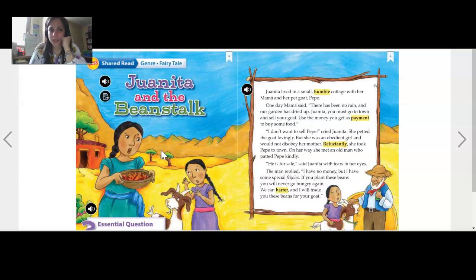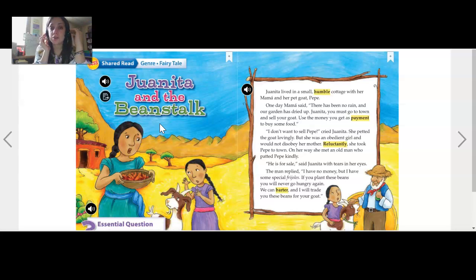So now with that background knowledge, I am predicting that Juanita has to sell her goat to get money for her mom, but then she ends up trading her goat for magical beans that might be in this old gentleman's hand. And then maybe she'll find riches up in the sky because of the magical beanstalk.